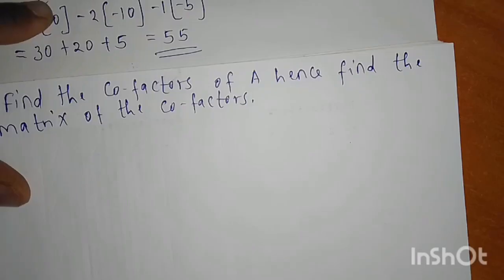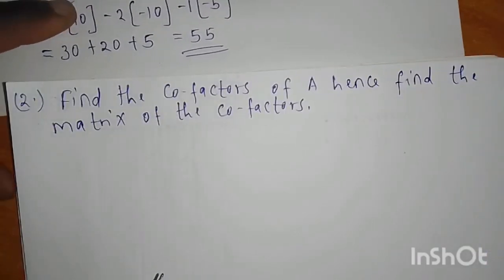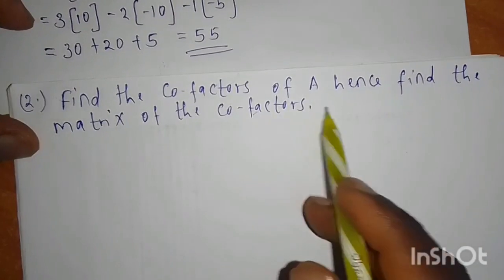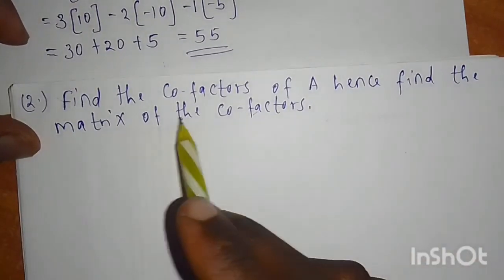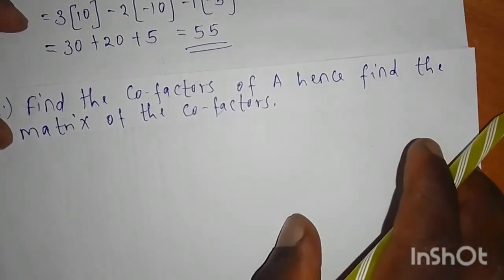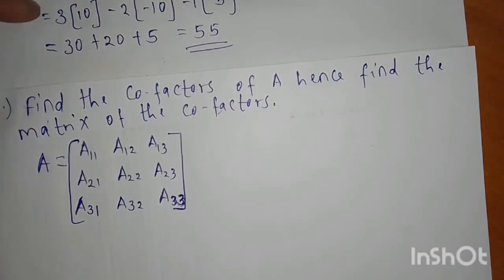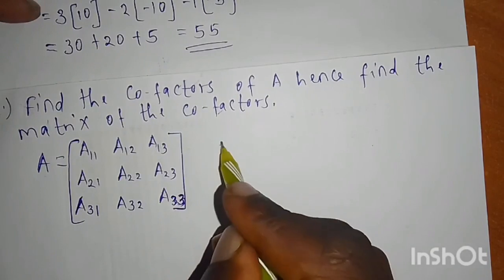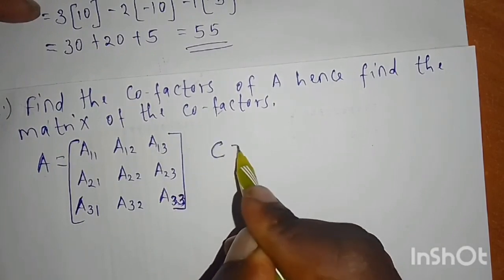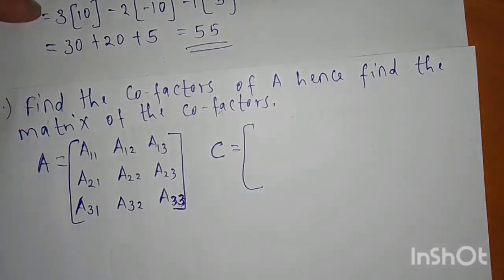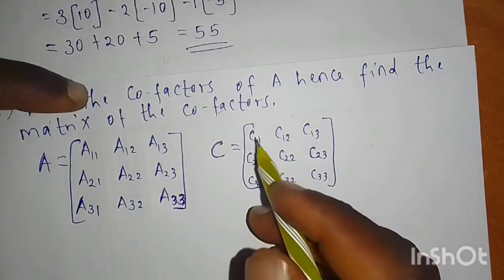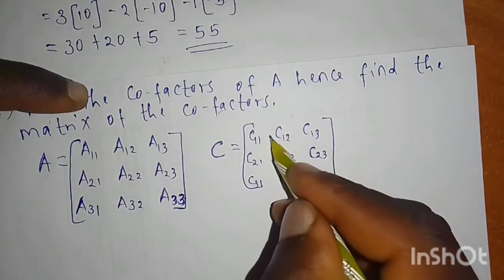Step 2 is to find the cofactors of A and then find the matrix of the cofactors. The matrix of the cofactors, C, is written as, in which we assign signs as shown.